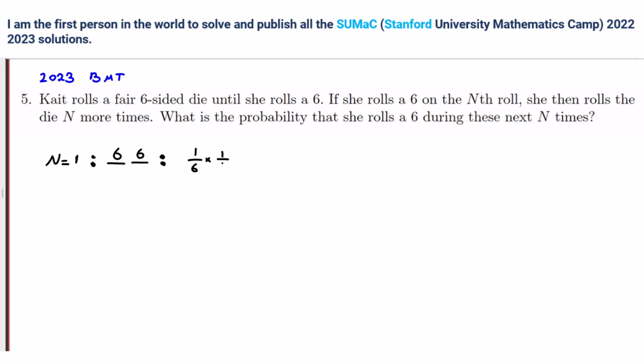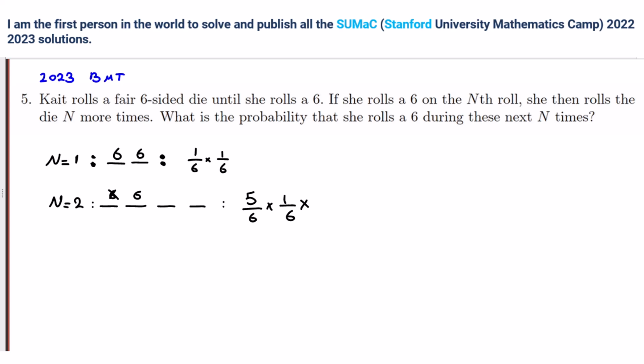Okay. Now for n=2, the answer is 5/6 times 1/6. Good job. Here, we don't have 6. Here, we have 6. And then 2 times after that, 5/6 times 1/6 times what?